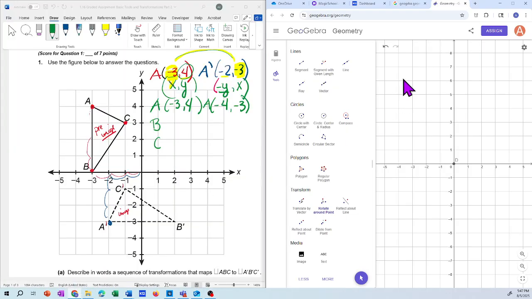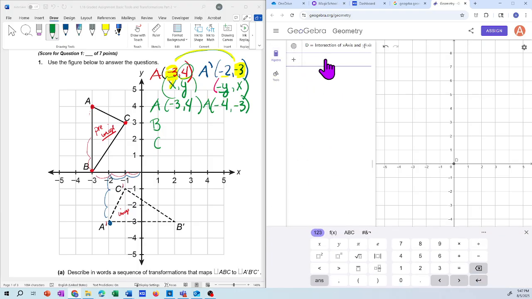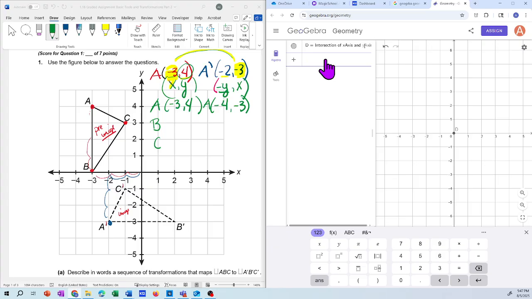Okay, so the first thing you're going to do, you're going to graph your points. So let's graph point A, which was negative 3, comma 4. Point B, remember it's the pre-image, negative 3, comma 0.